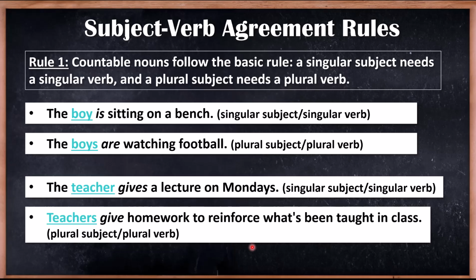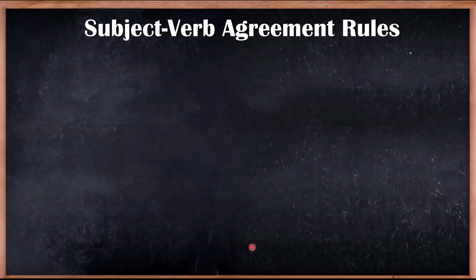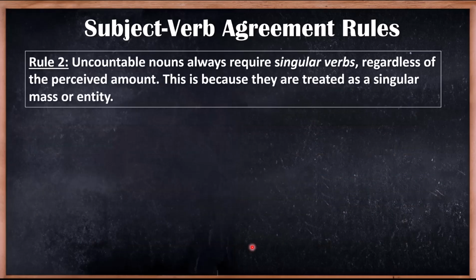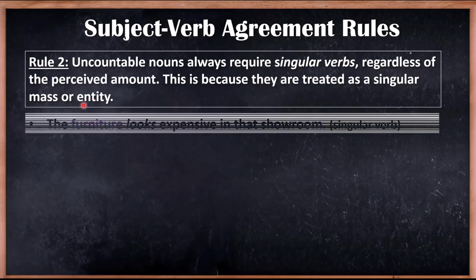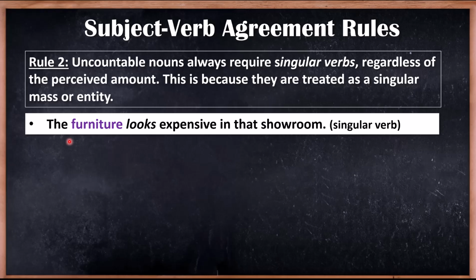But what about uncountable nouns? Well, with uncountable nouns, we always use singular verbs, regardless of the perceived amount. Uncountable nouns are treated as a singular mass or entity, so we use singular verbs. This is similar with collective nouns. For example, the furniture looks expensive in that showroom.